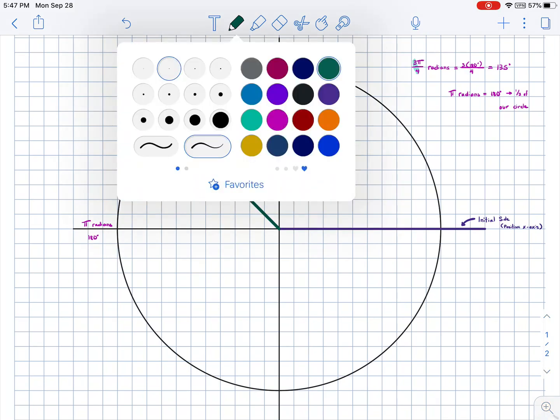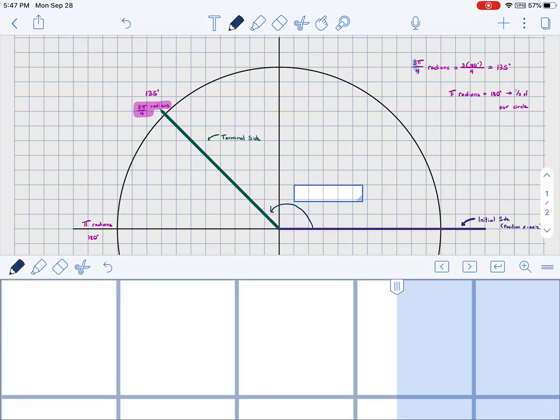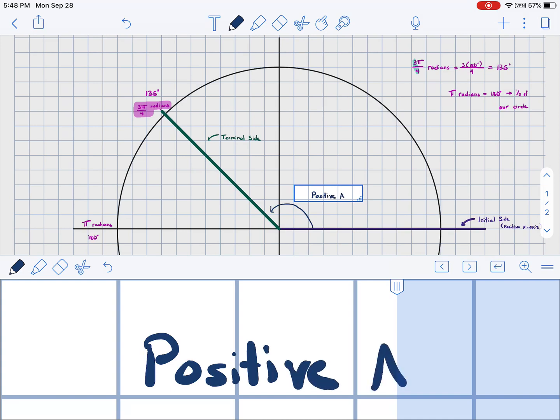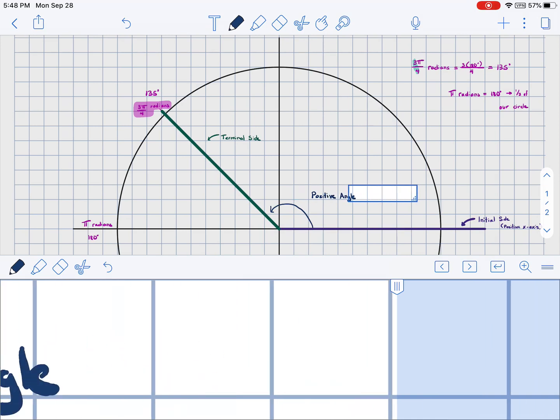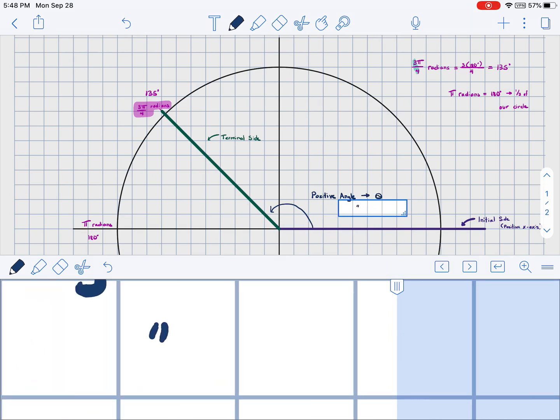Continuing a little bit of vocab here, this is the direction of opening, that way. And when it opens in that particular direction, which would be counterclockwise, we say that we're working with a positive angle. And if you recall, we use the symbol theta.